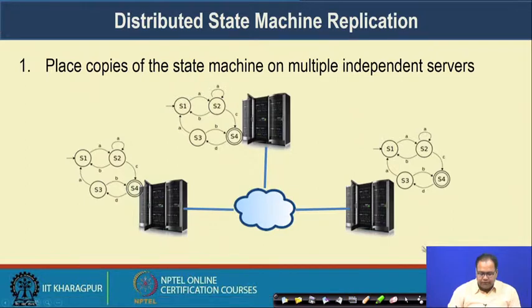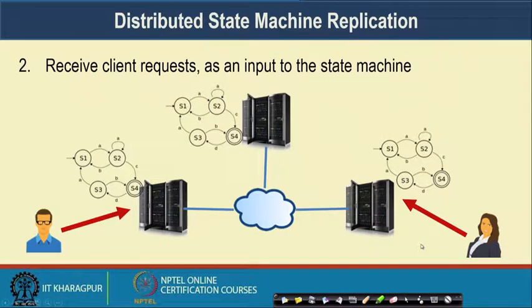Then servers get the client requests. Here Bob is submitting his request and Alice is submitting her request, and the requests go to different servers. Now, when the requests go to different servers, if you execute the state independently at each server, the state in this server and the state in that server may be different.